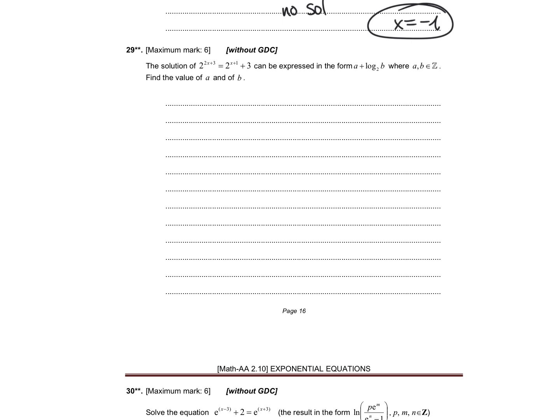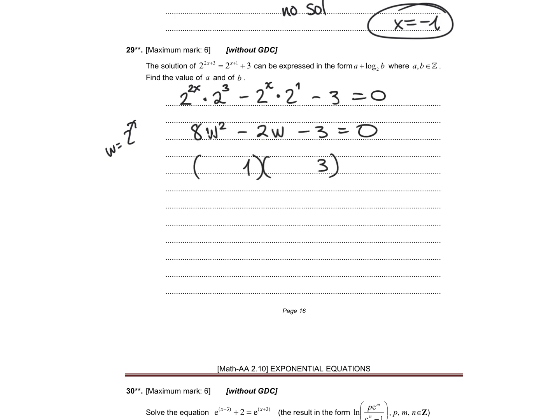So all right, if we do 2 to the 2x times 2 to the 3 minus 2 to the x times 2 to the 1 minus 3, then we've got 8w squared minus 2w minus 3, where w is 2 to the x. Okay, so this is going to factor.